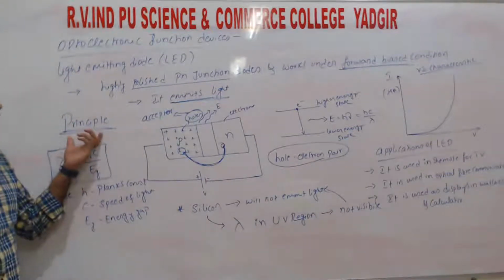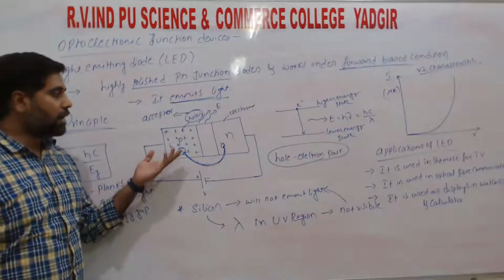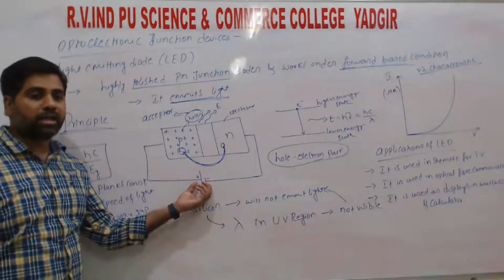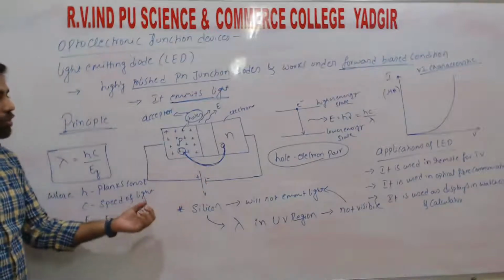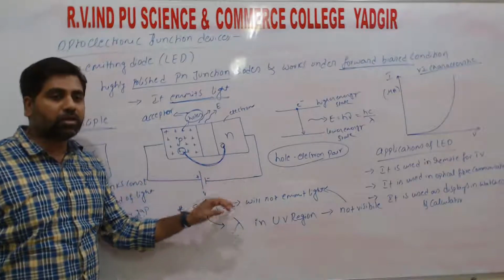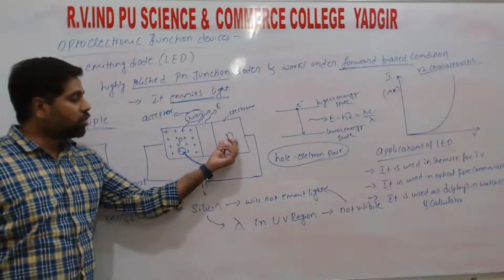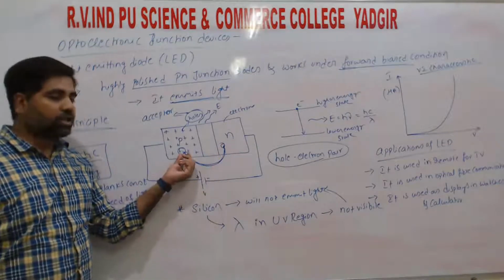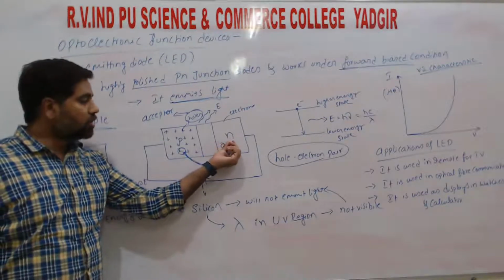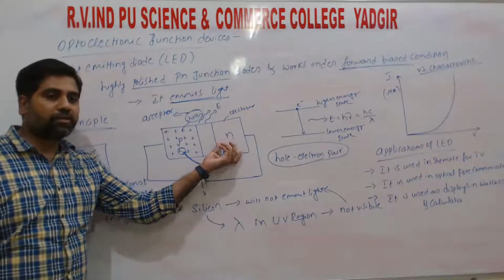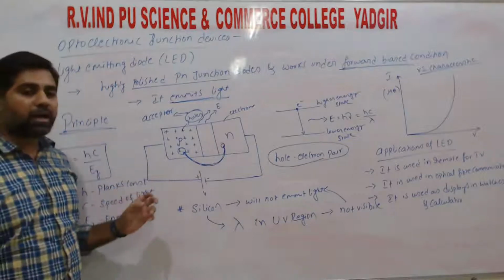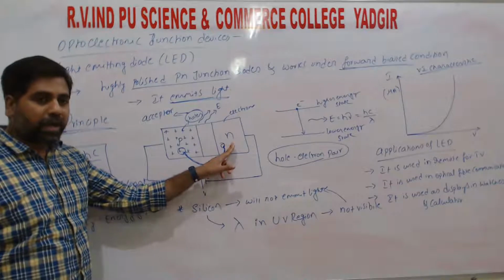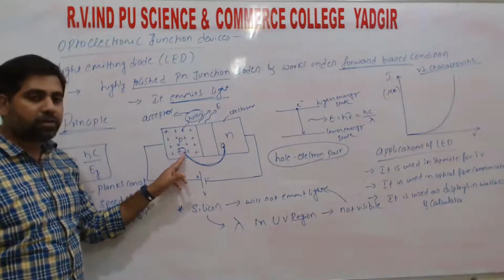Next, the principle of LED is, as the LED is connected to the external voltage, that is P type is connected to the positive terminal and N type is connected to the negative terminal, the electrons present in the N region will move to the P region, because these are the donors, right? As we discussed in N-type and P-type semiconductors, the electrons diffuse from the N region to the P region and combine with the holes.